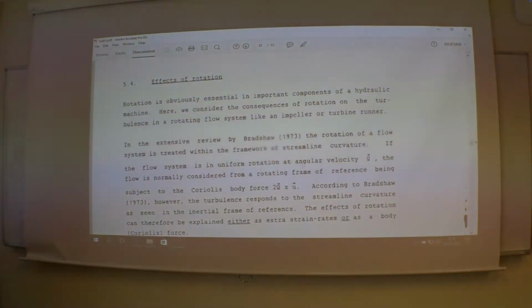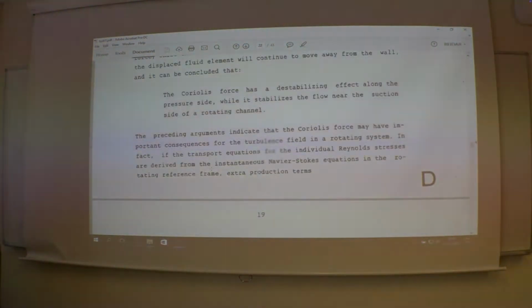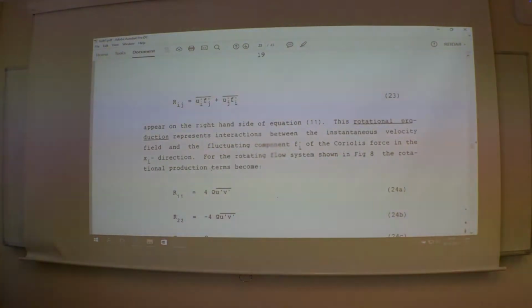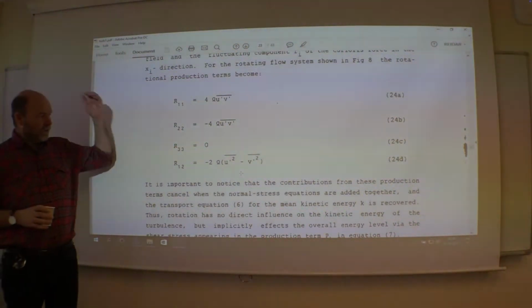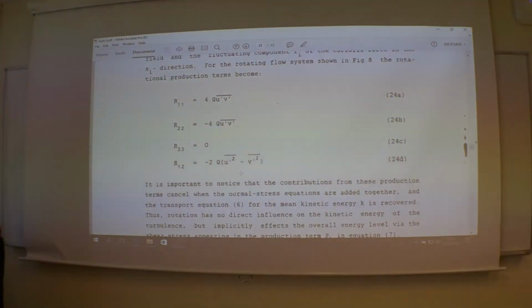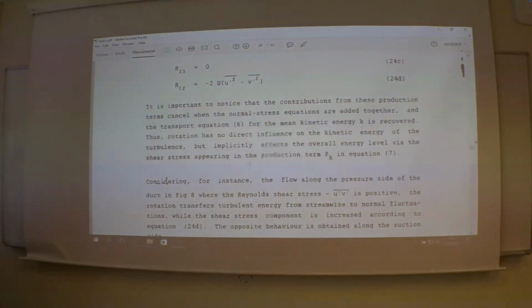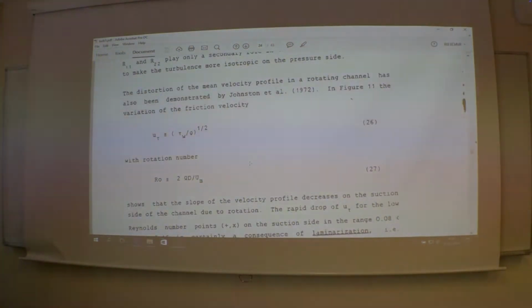So we instead are jumping into the two problems that we are going to focus on: curved channels and rotating channels. And here, instead of using these arguments by looking into the different Reynolds stresses, see how the production of them changes, you just go to the physics directly. Easier.